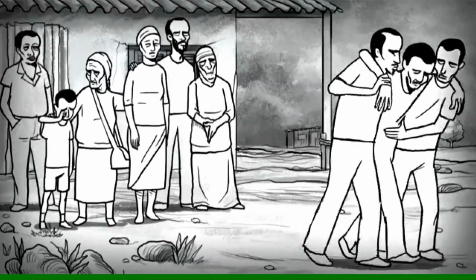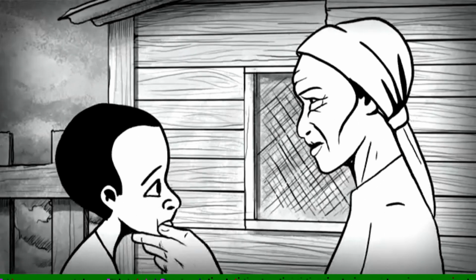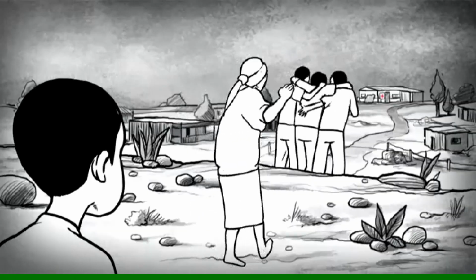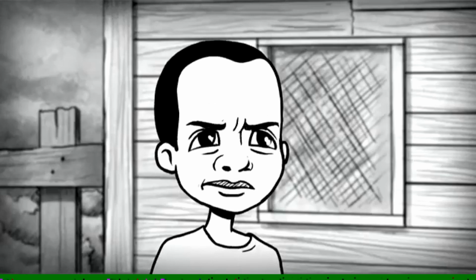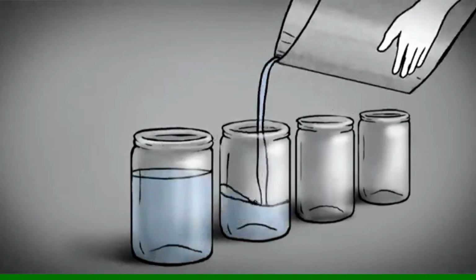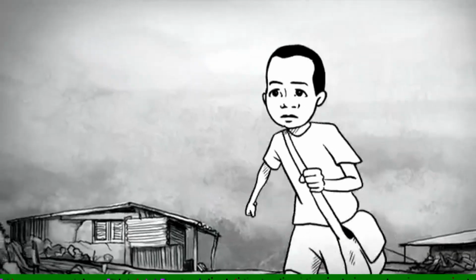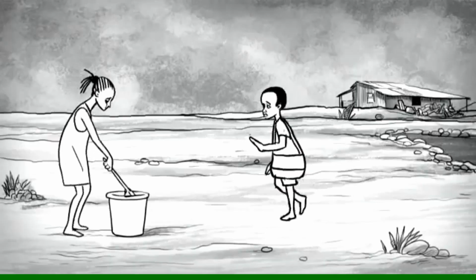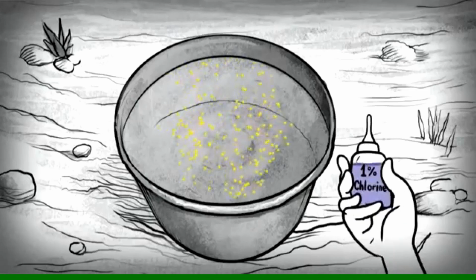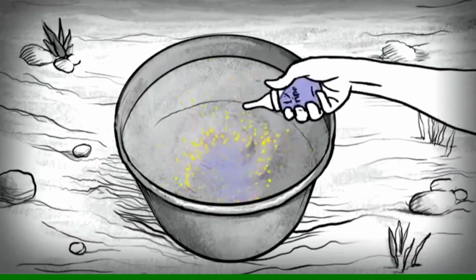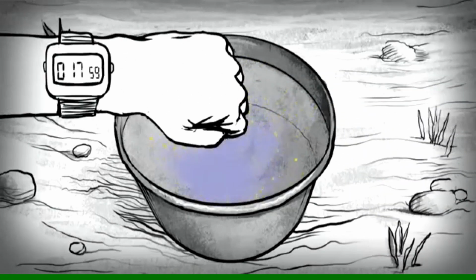The nurse explained to me that not everyone who swallows cholera germs gets sick like my father, but they can still spread the disease. Now I needed to take safe water to my village and teach them how to protect themselves from cholera. I saw a girl carrying water. I told her she could make the water safe by adding chlorine drops and waiting half an hour.